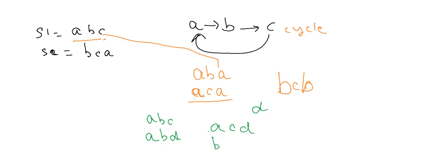So B, C and D, and then we're gonna replace this D with A, so we'll get B, C, A, and we got the resulting string. So this is how we are going to break the cycle. So if we have a cycle, then in order to break the cycle we need one extra character.